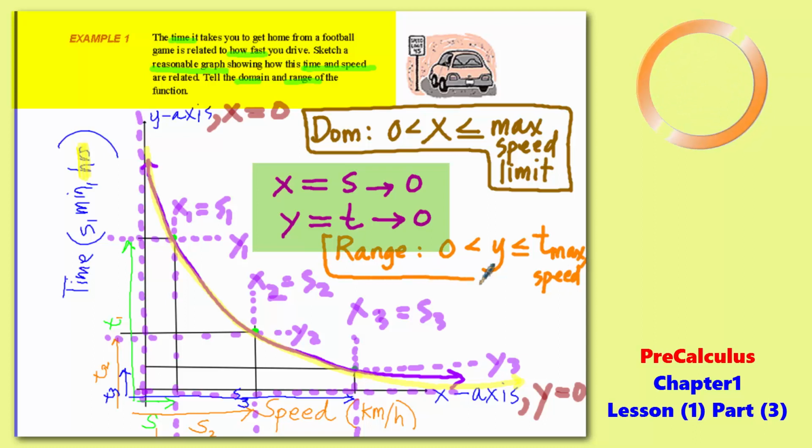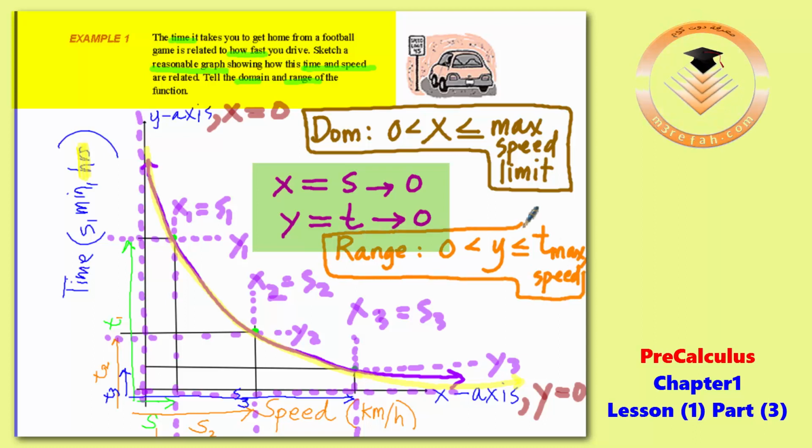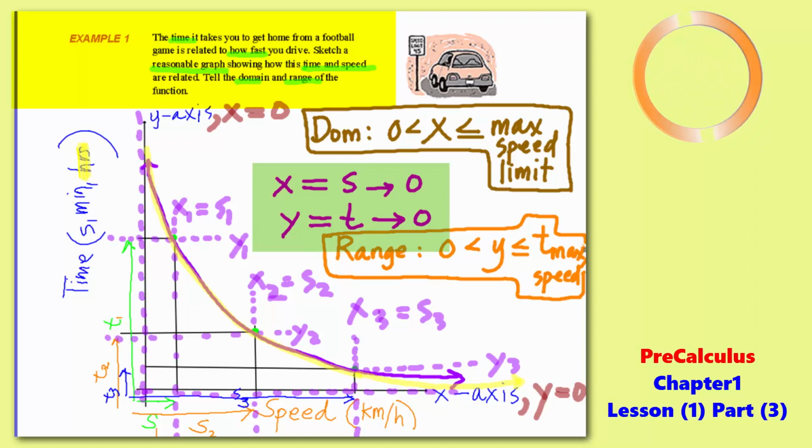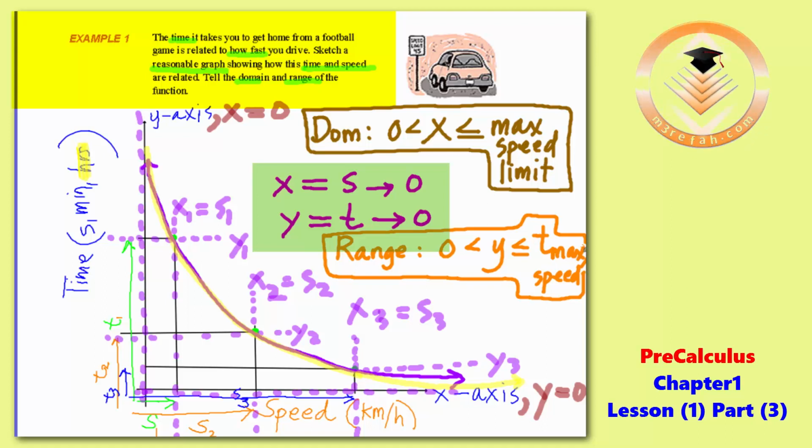It depends on the maximum speed of your car. So at the maximum speed of, let's say, 160 kilometers per hour, you would have a certain time, which is the least time. So this just tries to show that your function for the speed of the car and the time it takes you to get home is an inverse relationship.